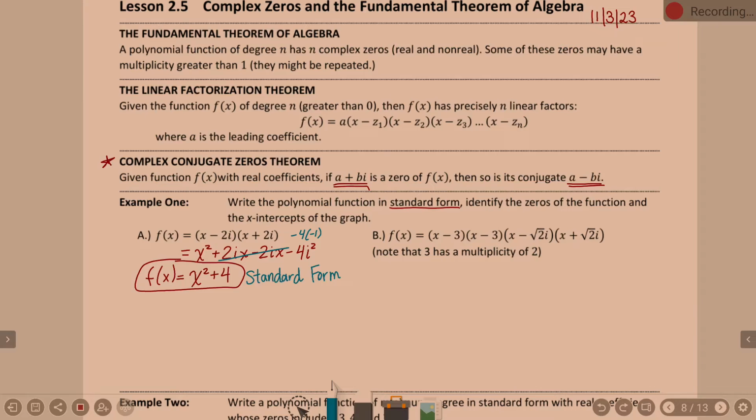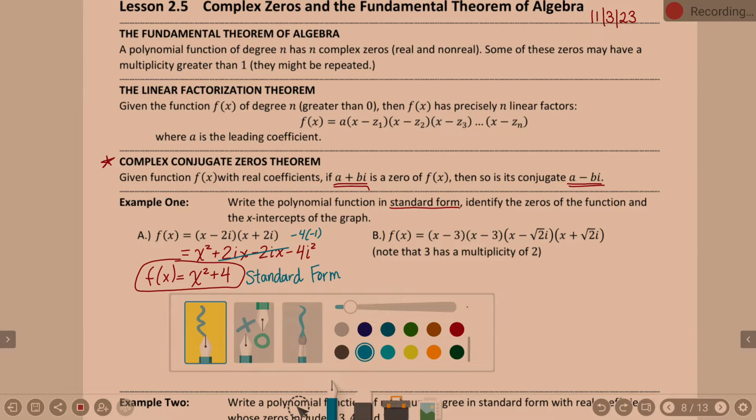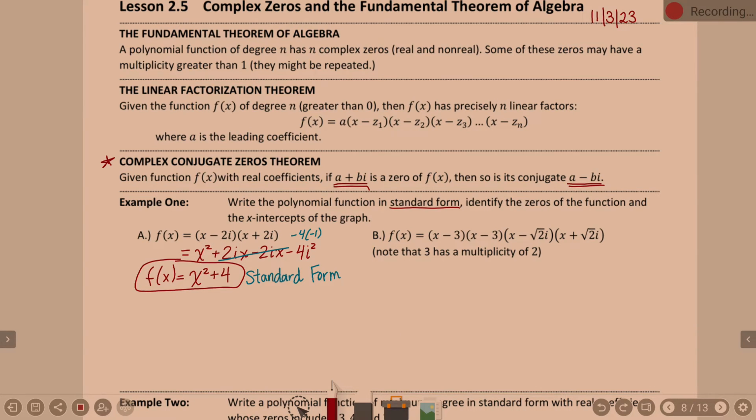Okay? Now, the other two pieces of this are to identify the zeros. We'll get to the other one in a moment. What are my zeros? Or how do I find my zeros?